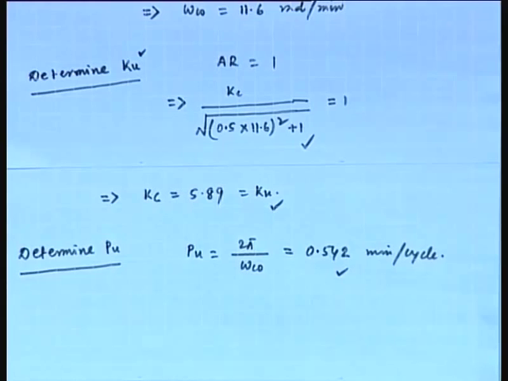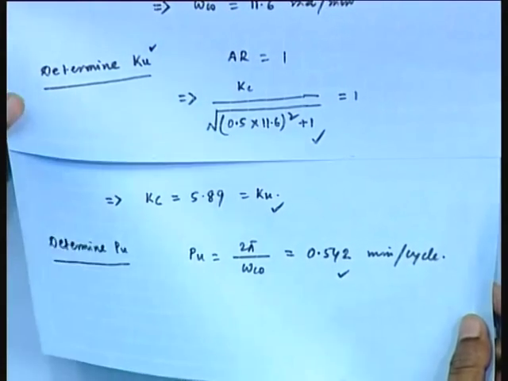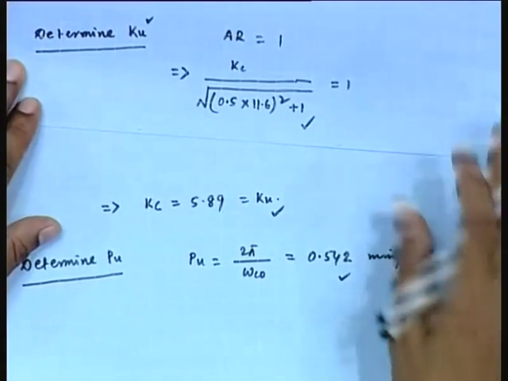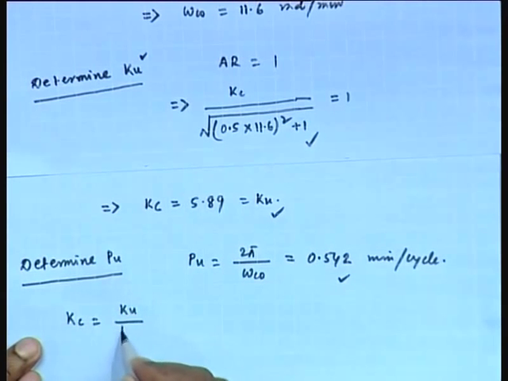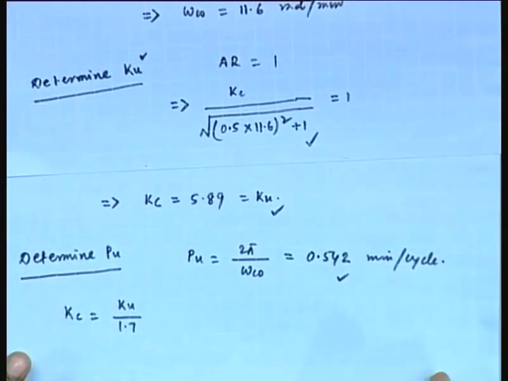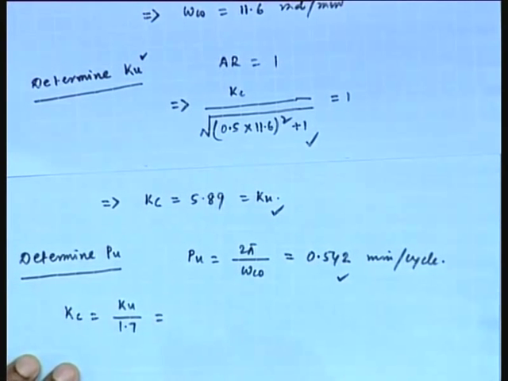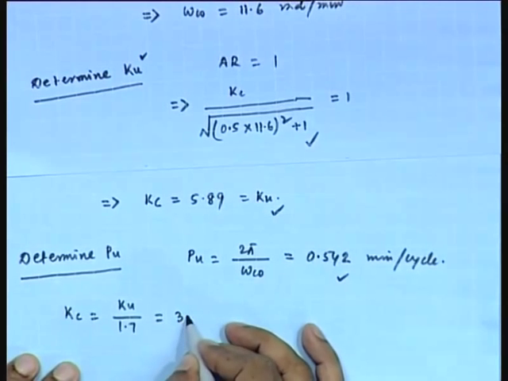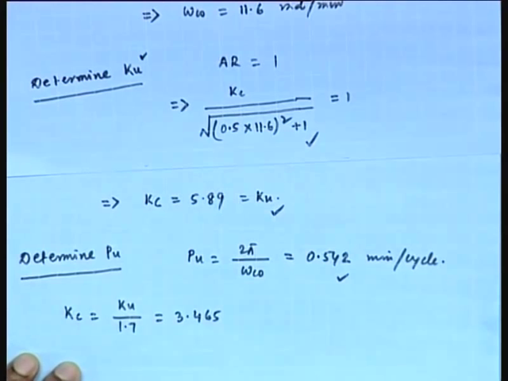Now, we can easily use the correlations to determine the 3 tuning parameter values for PID. For PID controller, Kc is Ku divided by 1.7. Using the value of Ku, we obtain 3.465. This is Kc.